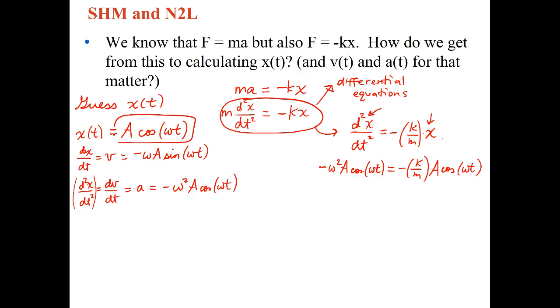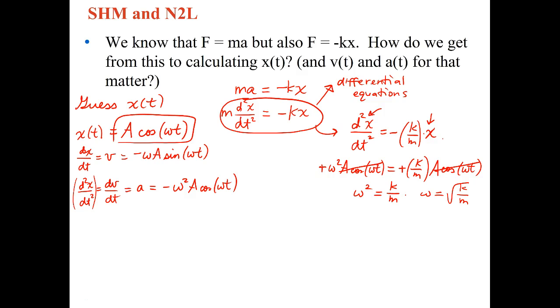See that right here? There's the original function. Well, it turns out that the original function cancels out on each side, and that means that our guess is a solution of the differential equation if omega squared is equal to k over m. So it is, and we say that omega for a mass on a spring is equal to root k over m.